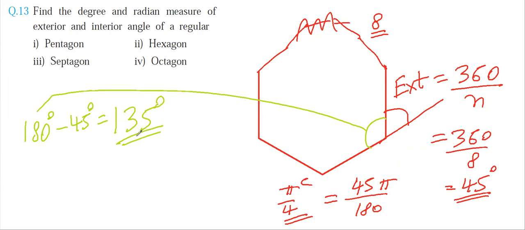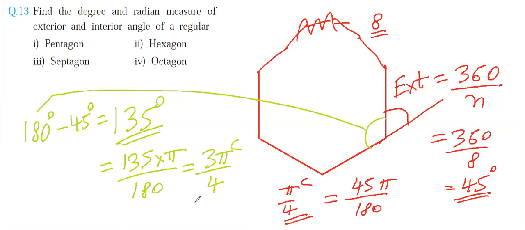Now this 135 degree you need to convert into radian. How are you going to convert? 135 into pi upon 180. When you solve this, you will get 3 pi by 4 radian. This is for octagon. Now pentagon, hexagon, septagon, you have to try on your own.